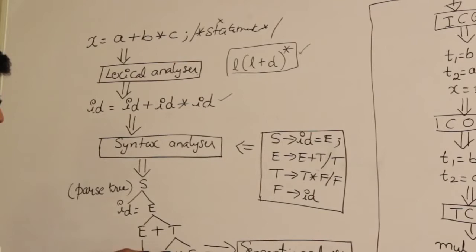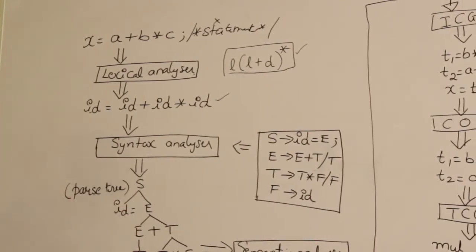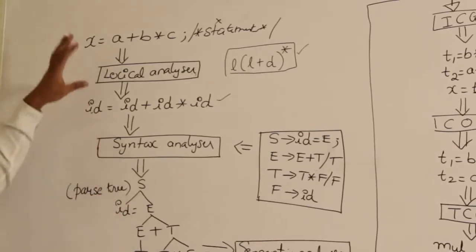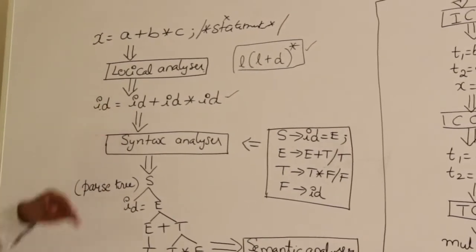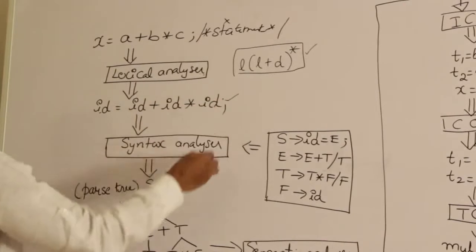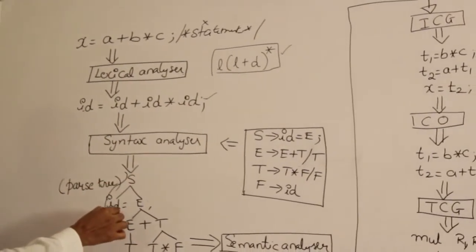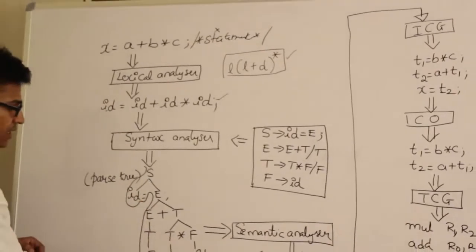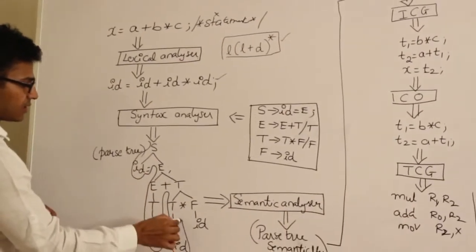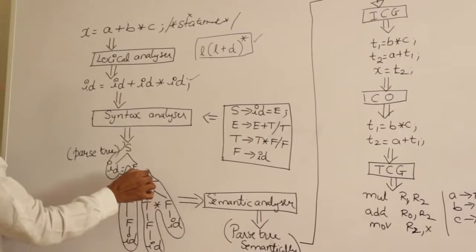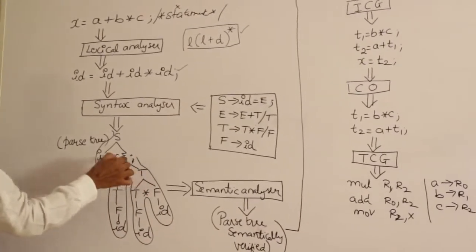Factor can be identifier, term can be factor, factor can be identifier. So finally what we get is a parse tree in which we can see the entire stream of tokens. The stream of tokens is this: id equal to id plus id into id followed by semicolon, right?